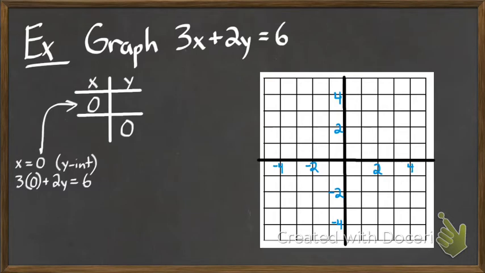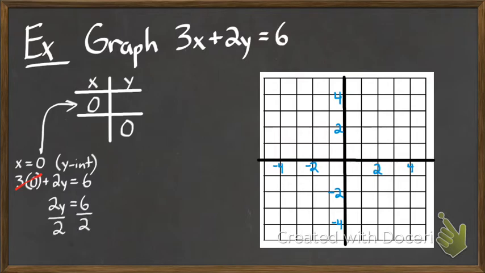So we get 3 times 0 plus 2y equals 6. And what's nice about this is when you take anything and times by 0, it just goes away. So then we're left with 2y equals 6. So now we have to isolate y all by itself. So we're going to divide both sides by 2.